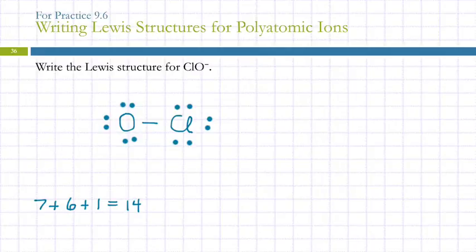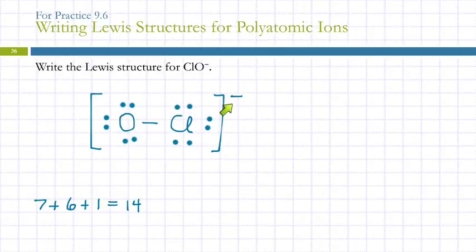But this is an ion. And so when you're not doing this in Mastering Chemistry, we have to put brackets around this and put the charge on the outside of the brackets. So we show how many electrons it has in the Lewis structure, but because it's an ion, we have to show the charge.